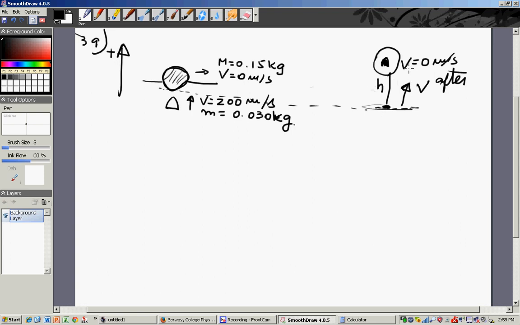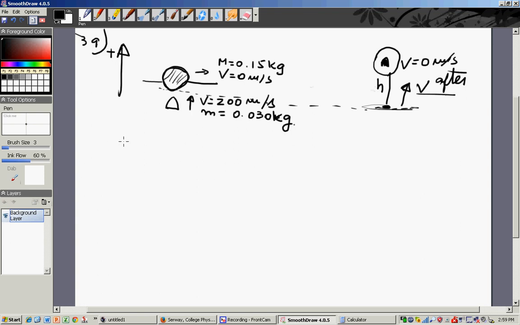So for this moment of interaction between bullet and ball, I can say the total forces at play in the system are internal. So there is conservation of linear momentum.